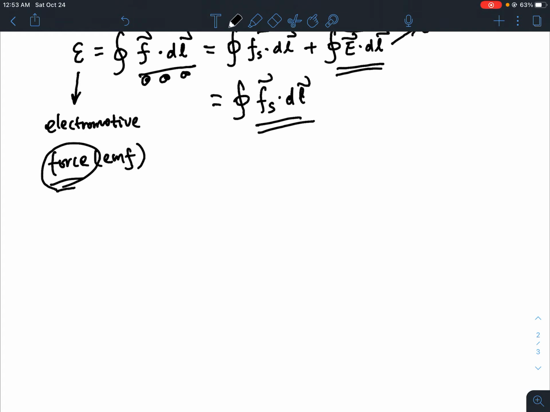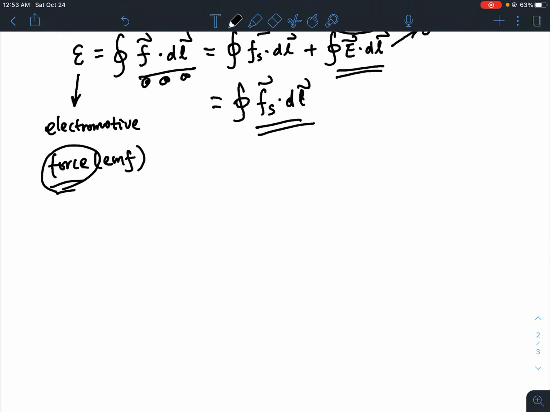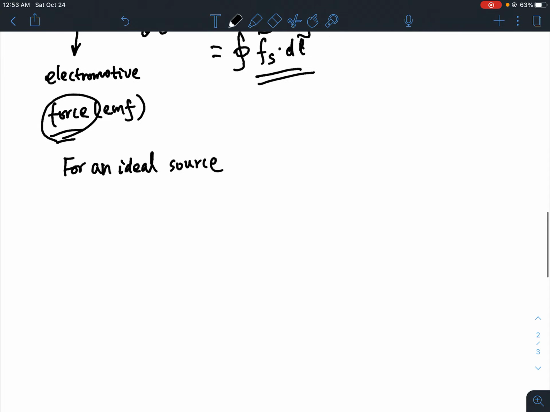Let us consider an ideal source. Let us consider a battery with no internal resistance.